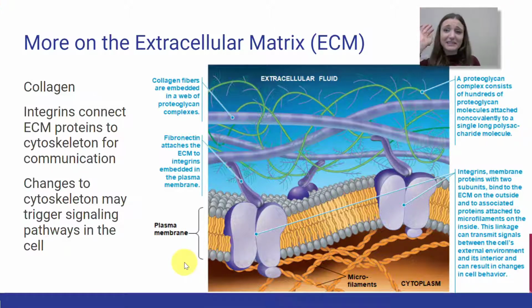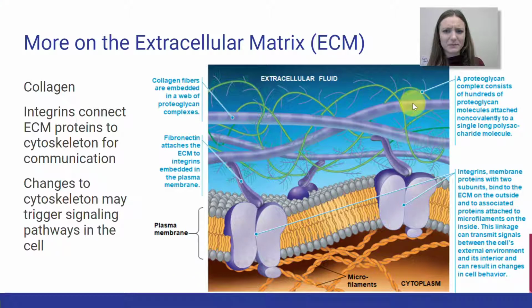So that way, if there's damage to that extracellular matrix, if something changes in that extracellular area, that information can be transmitted via the cytoskeleton, which can eventually activate other proteins, which can change the signaling pathways going on in the cell. Okay? So cells can kind of sense their environment and feel what's going on around them, I guess you could say, with their extracellular matrix connected to their cytoskeleton via the integrin proteins.